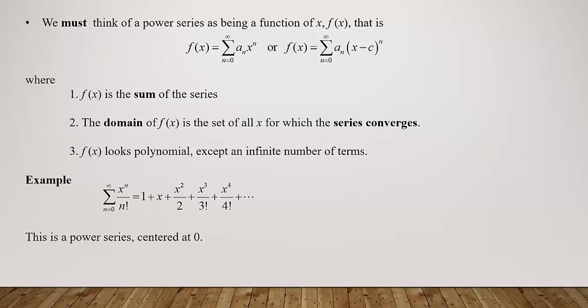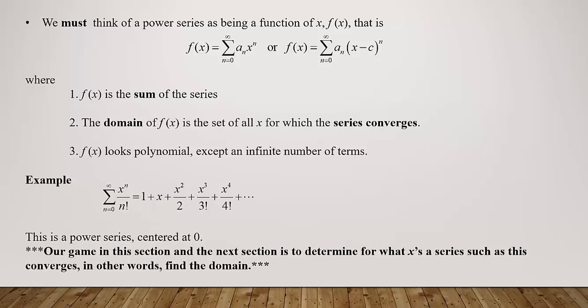Note that this power series is centered at 0. And, well, look, folks, this is a 3-star comment, and I put it in bold. Our game in this section, and what we're going to do here in Chapter 11, our game is to determine for what x's a series such as this converges.